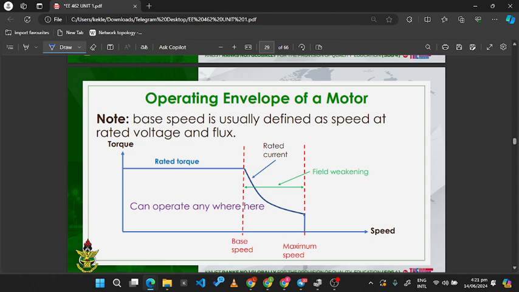So if we want to change the base speed, we could either change the voltage or change the flux. Let me not confuse myself. Speed being a function of voltage and flux.